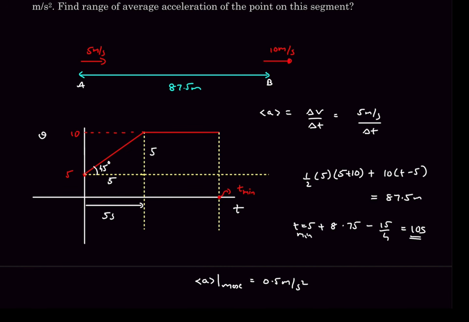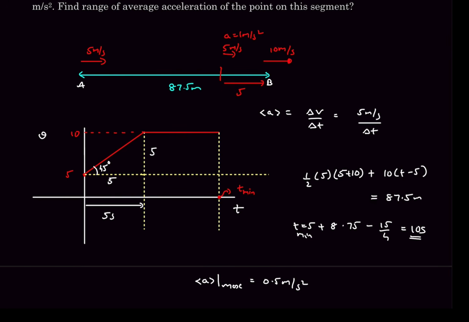So the goal is to walk for the maximum amount of time and then run. We figured out from here that if we want to accelerate from 5 to 10 with an acceleration of 1 meter per second squared, it'll take us 5 seconds. So in the last 5 seconds of our journey, we'll hit the accelerator, but before that we'll travel with constant speed. Now we can use the kinematics formulas. For the last 5 seconds, the acceleration is 1 meter per second squared, the initial speed is 5 meters per second and finally it is 10 meters per second.